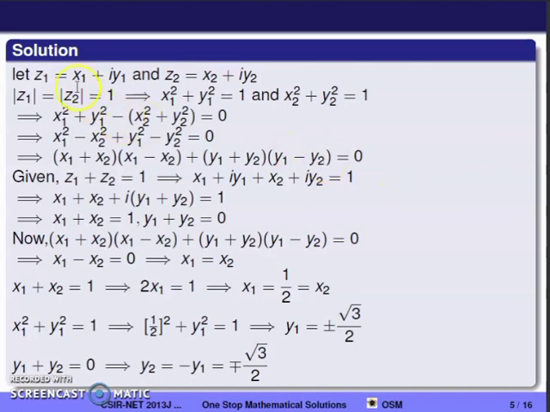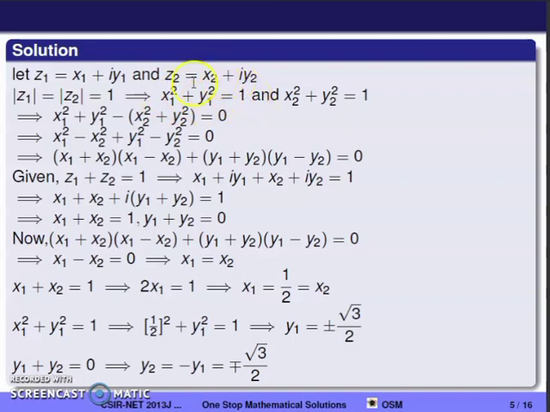So I am taking Z1 as x1 plus i y1 and Z2 as x2 plus i y2. We are given in the question that mod Z1 is equal to mod Z2 is equal to 1. So we know mod of Z1 is equal to square root of x1 square plus y1 square, equal to 1.